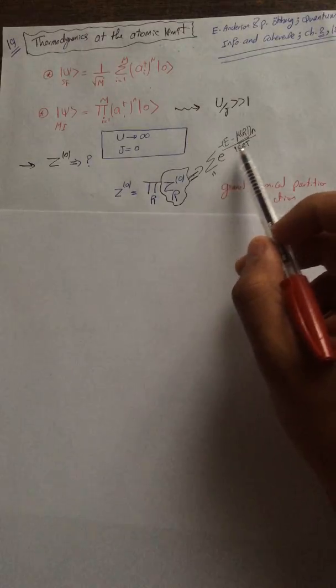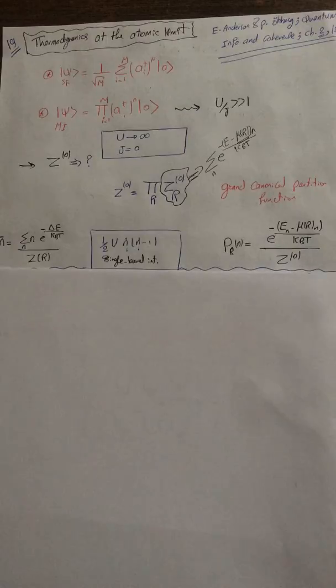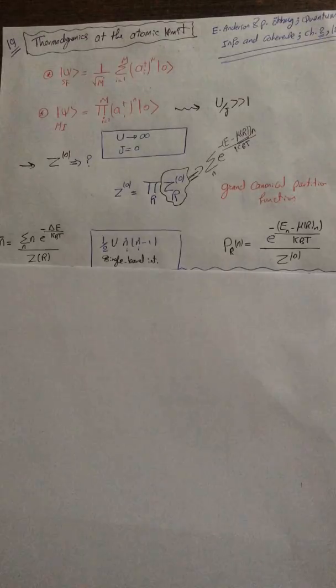Remember that this is mu, the chemical potential at lattice site R. And what we would like to extract afterwards is the probability of finding a number of atoms per lattice site on the optical lattice. So you get this well-known result of the probability distribution here.